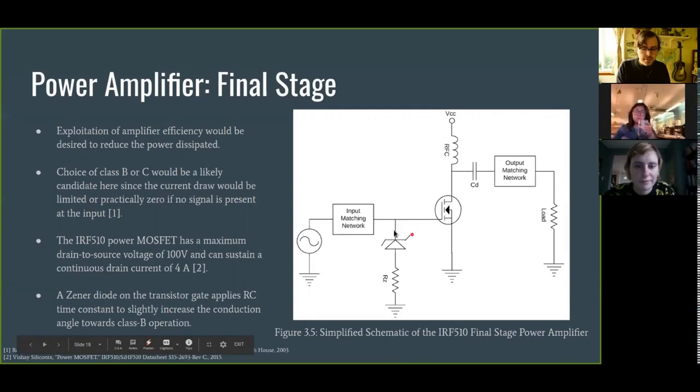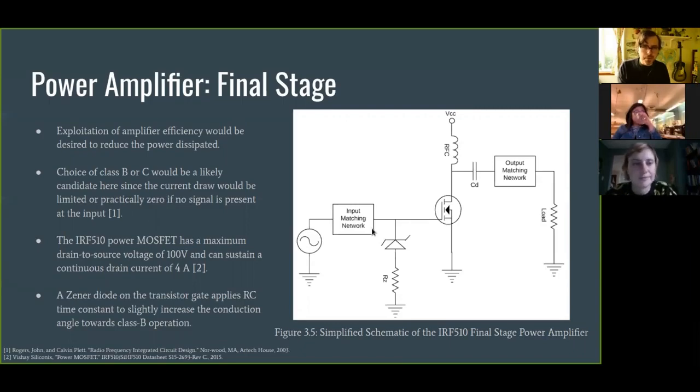Basically, this Zener diode acts like a voltage-controlled capacitor, so it starts to build up charge as it sees a voltage across it, and as the input signal goes into the amplifier, it starts conducting, but then as the input signal drops off, it automatically shuts off, so I don't have to add any extra switching for that.